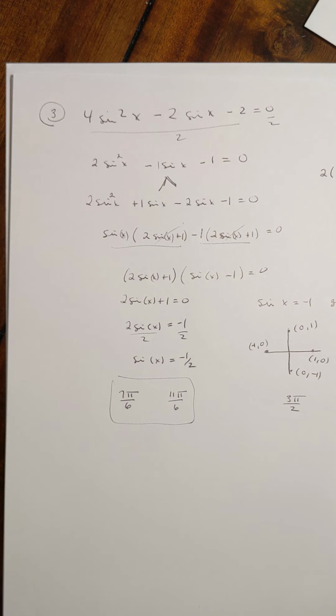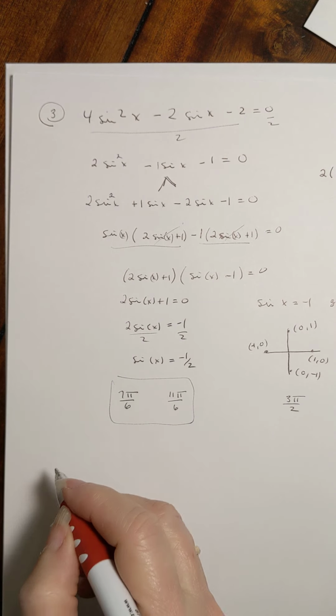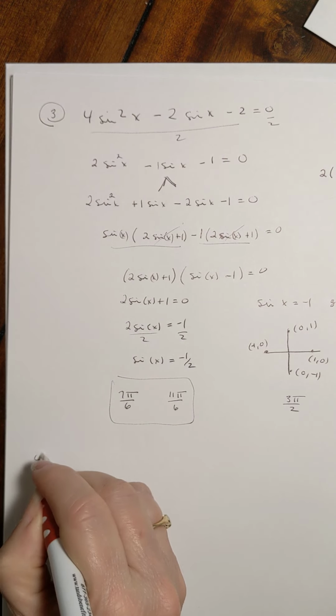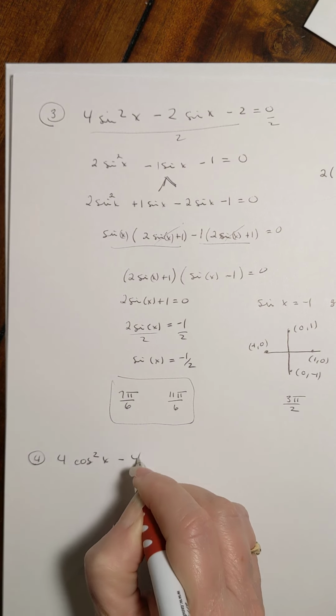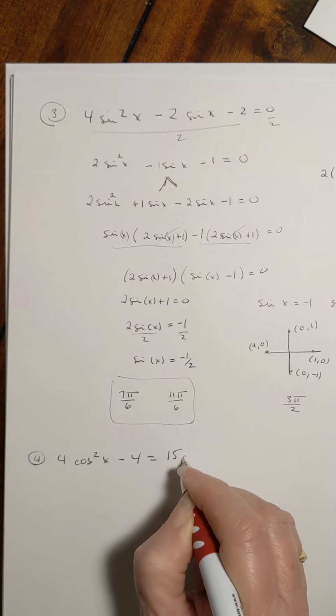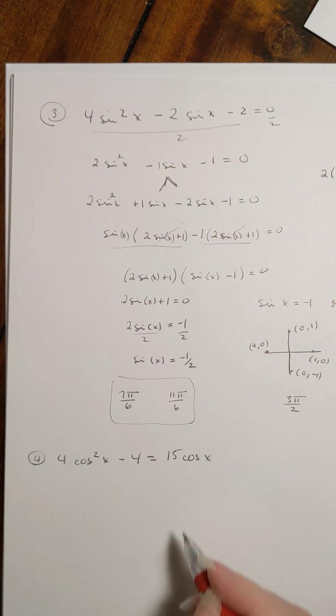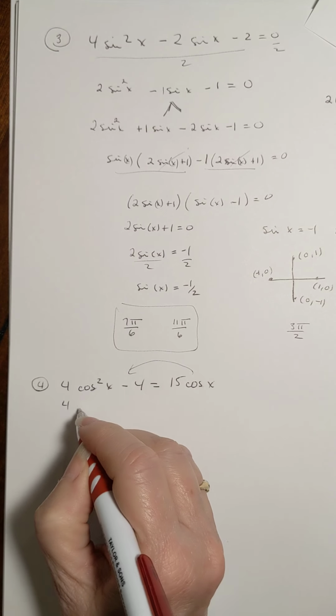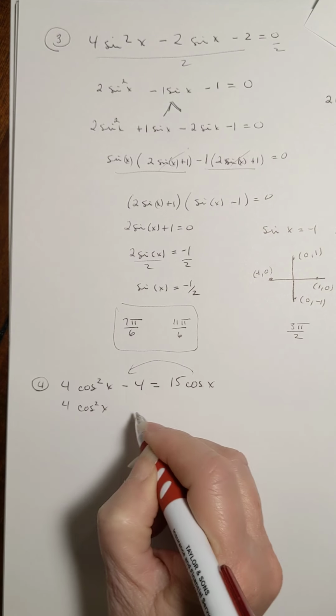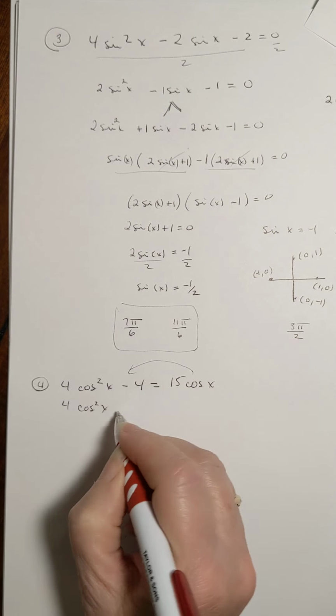And then the last problem is going to be 4 cosine squared of x minus 4 equals 15 cosine of x. So again, I'm going to have to bring this over here to set it equal to 0 so I can factor it. So 4 cosine squared of x, and put it in descending powers of cosine of x.